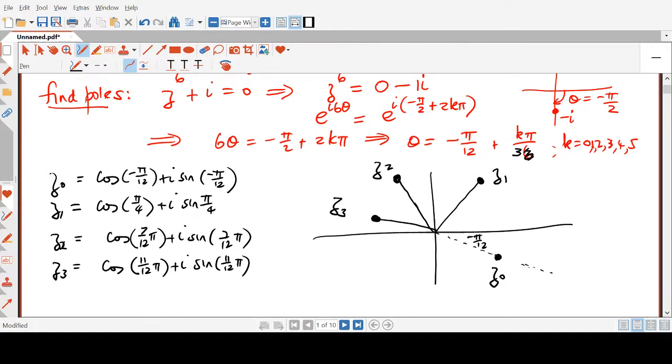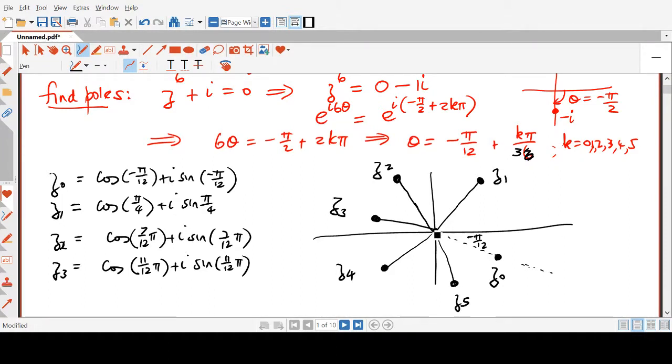So, which are the relevant ones? There's going to be another one, Z4, somewhere here. That's 165 plus 60 is 225. Somewhere here, there'll be a Z4. And a Z5 will be 15 plus 60 is 75, somewhere here. That will be a Z5.